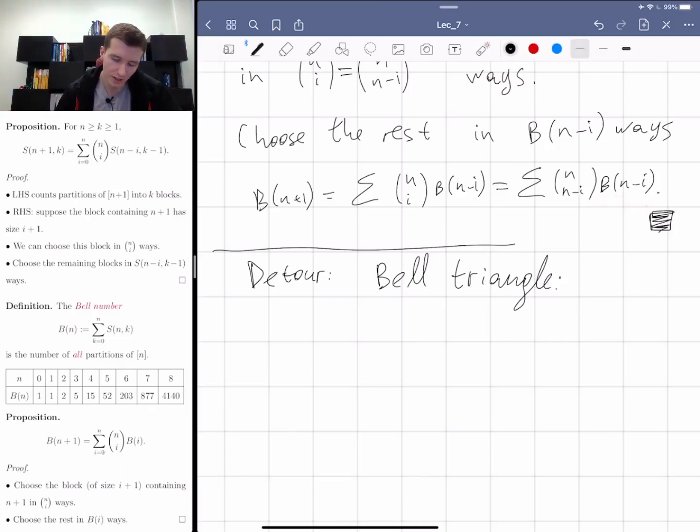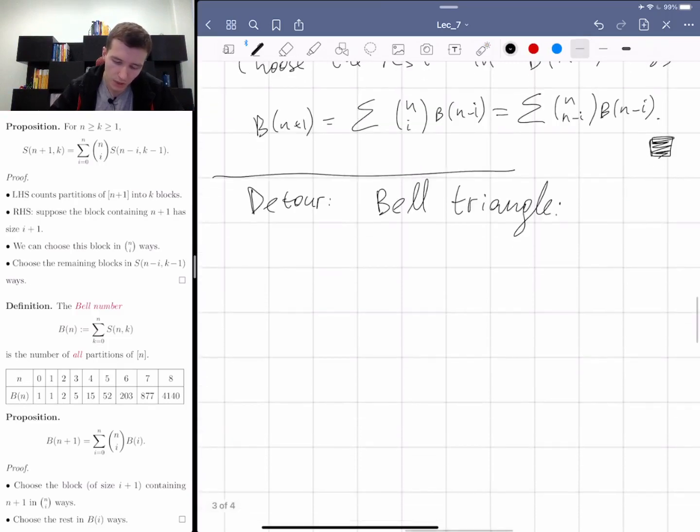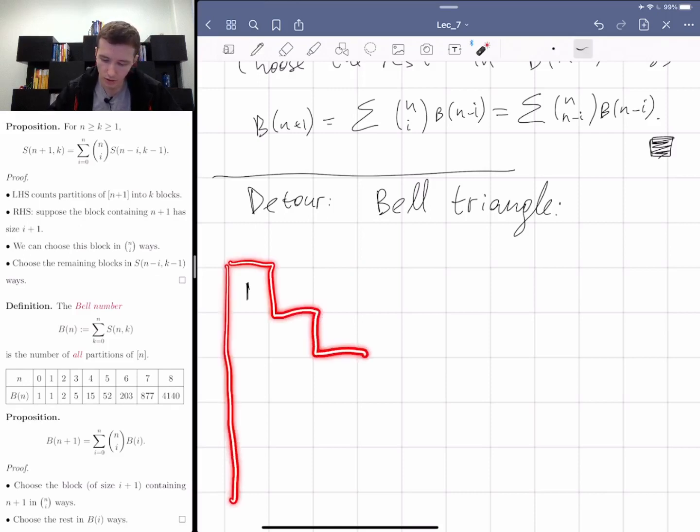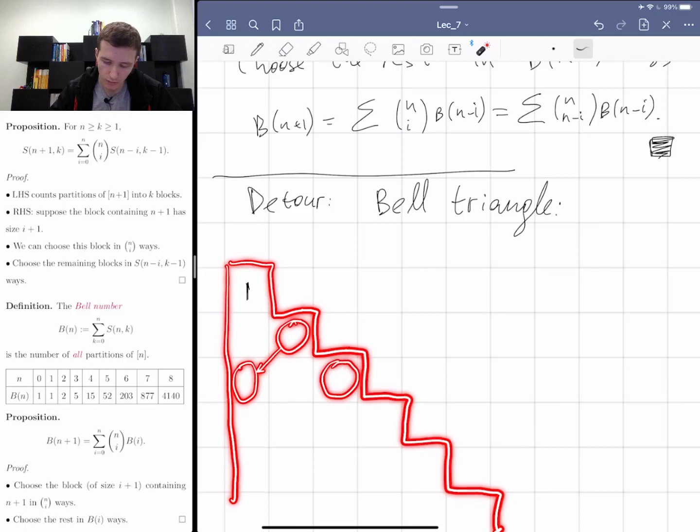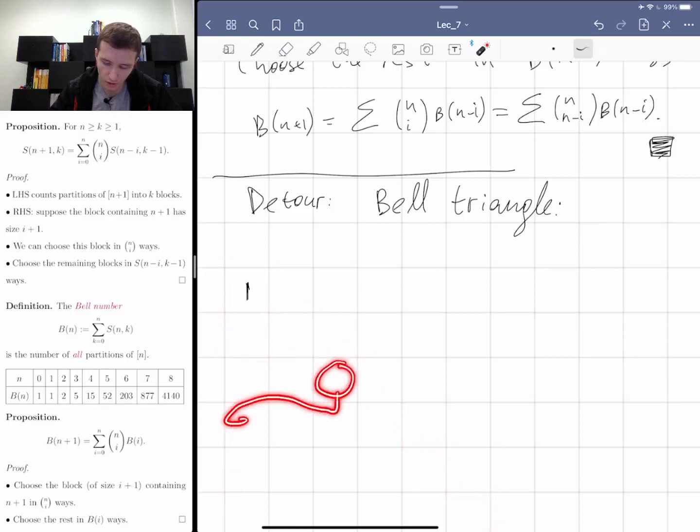So here's the idea. You start with a single one, and then each time I'm going to construct a triangle row by row. And each time I'm going to take the last number in my row, and I'm going to copy it into the first number of the next row. So the number here is going to go into this row, and the number here is going to be copied into this row, etc. So I copied the 1 and I put it here.